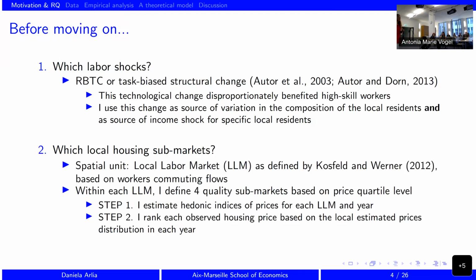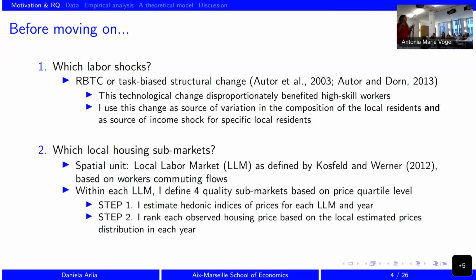Within each local labor market, I define 4 different quality submarkets based on the price quartile level. I'm using price as a synthetic indicator of quality, following previous papers, in particular a paper by Landvoigt and co-authors, 2015, who as well use the price as the main indicator of quality.